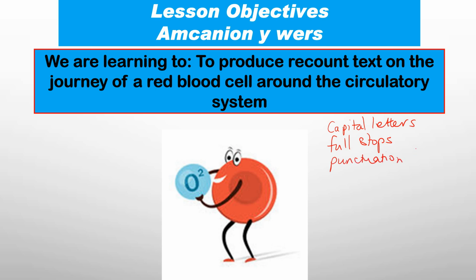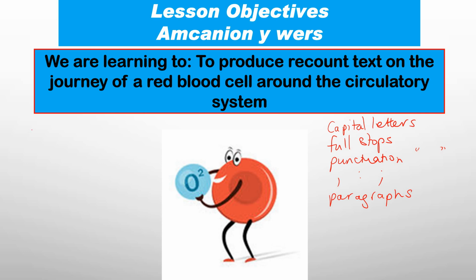So if we're doing speech, we might use speech marks, we might use commas, we might use a colon or a semicolon, okay? We need to make sure that it's not one big long paragraph, that we have sections splitting it up into separate paragraphs.